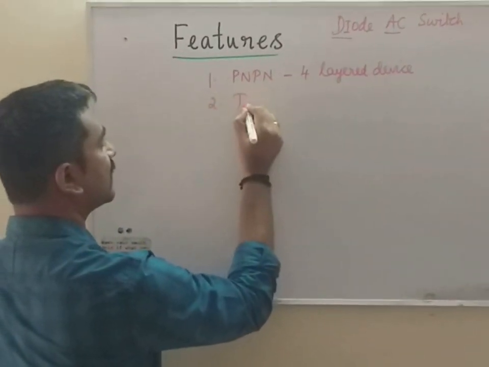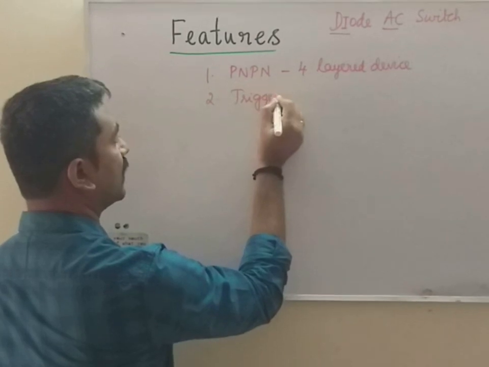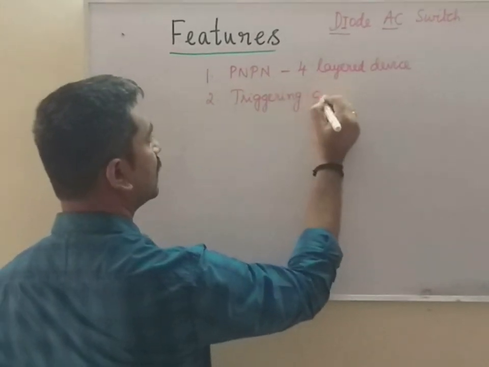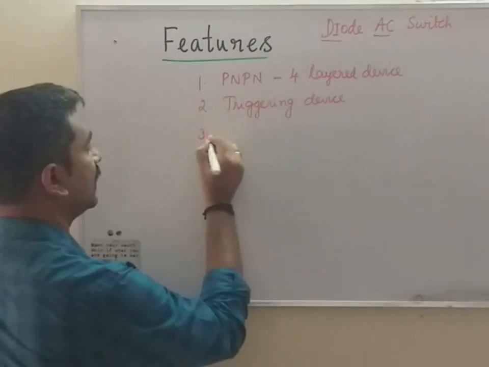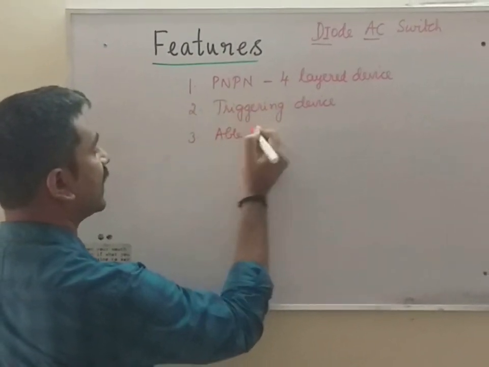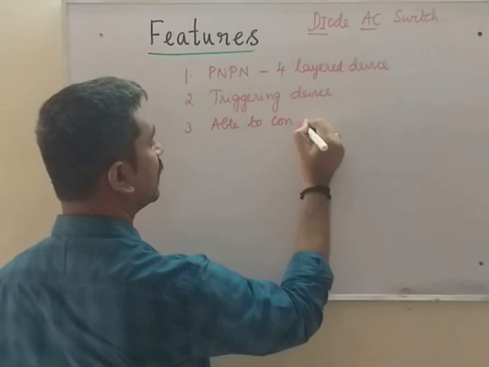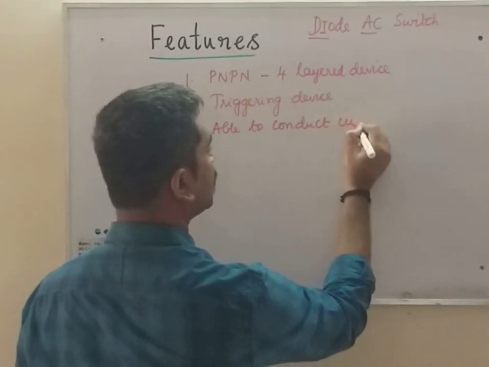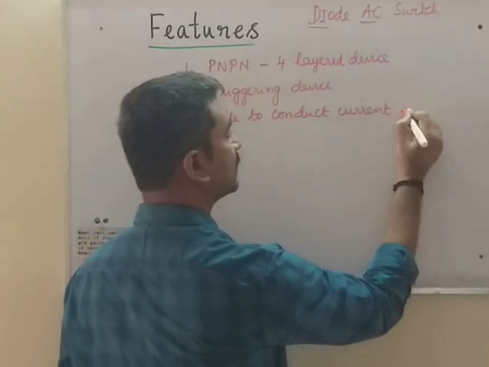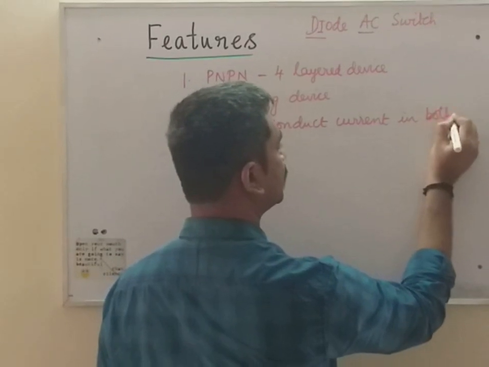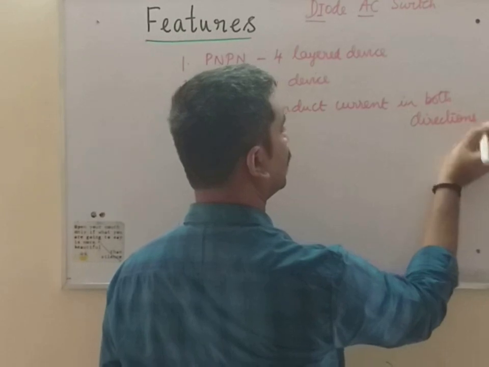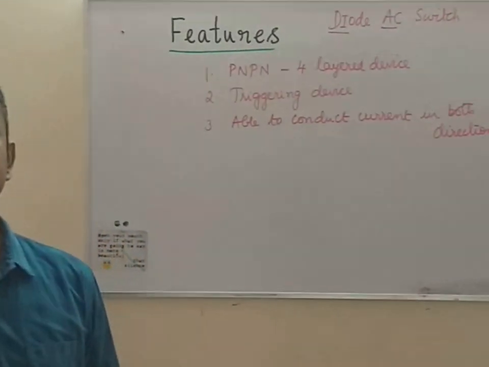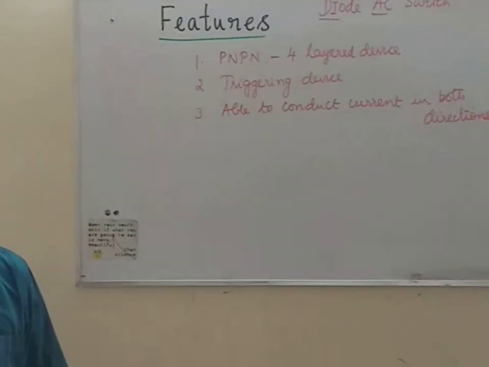It is used as a triggering device and not as a control device, triggering other circuits. It is able to conduct current in both directions. These are some of the features of DIAC.